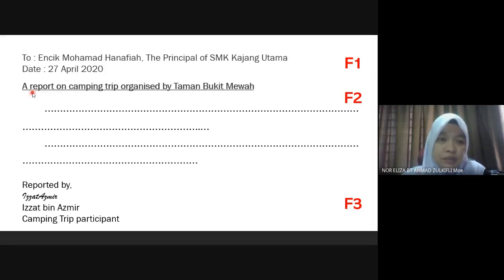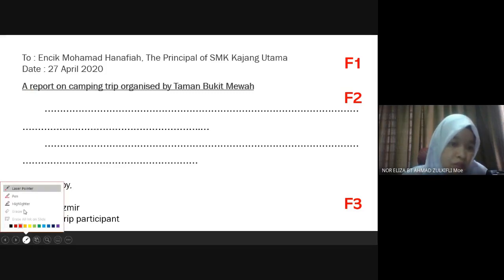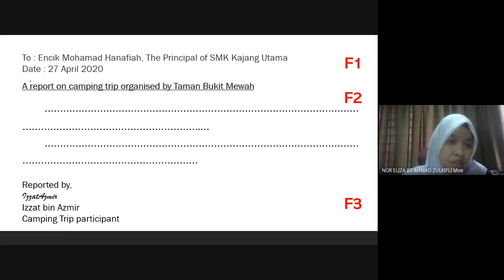It is still acceptable where you have capital R here, capital C here, capital T here. Okay, you can have it like this as well, no problem. But you must remember that it must be underlined, then this is your title.